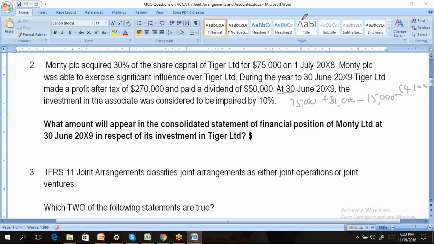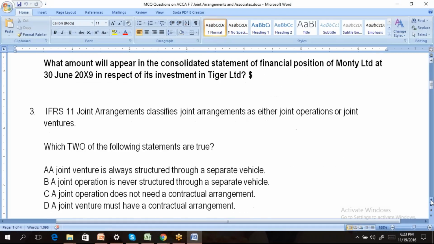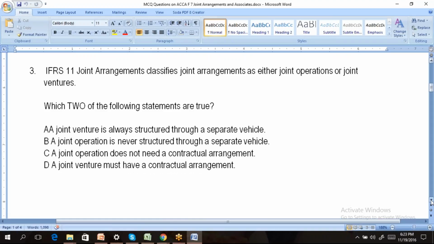Right. That is the second question. The third question, I think, is on joint arrangements. This is what we just learned. Let's see whether we can apply our knowledge. IFRS 11 classifies joint arrangements as either joint operations or joint ventures.